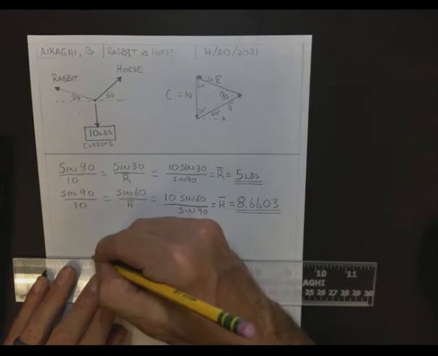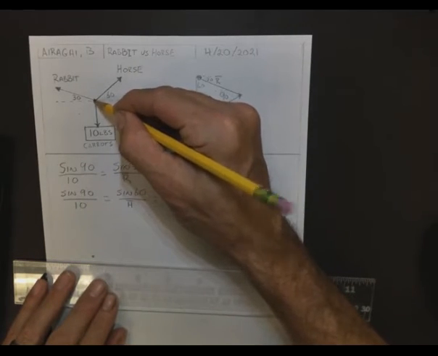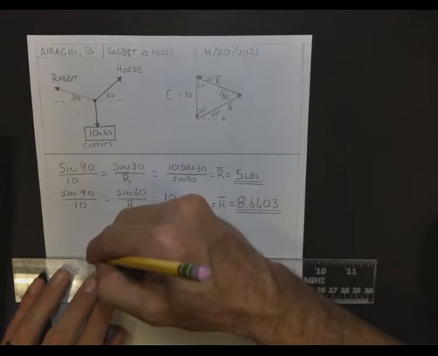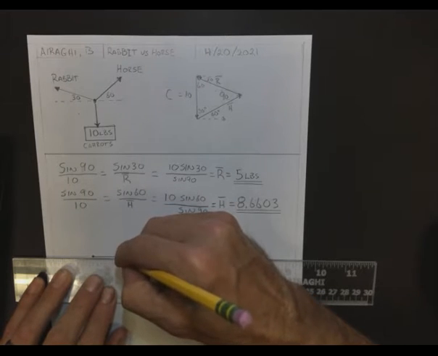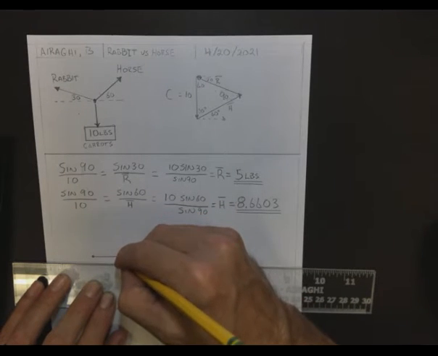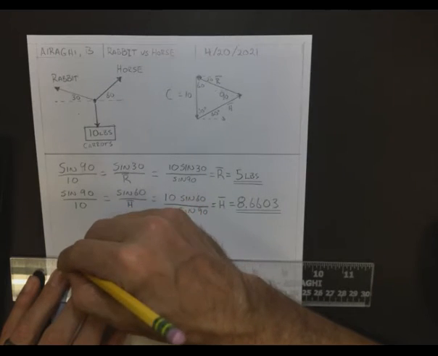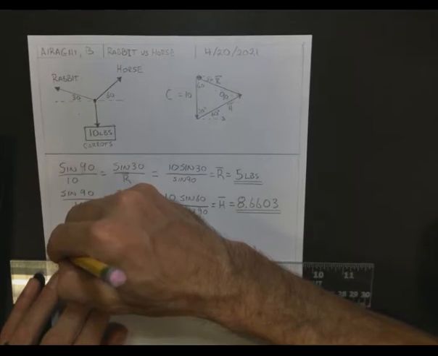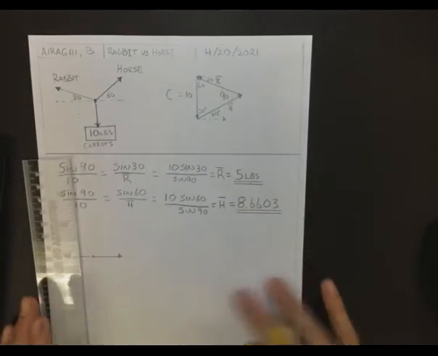We have a point that is right here. This is that vertex, or that point. Those animals are pulling this direction and this direction. Now, this is the most important part of statics. Okay? The most important part.